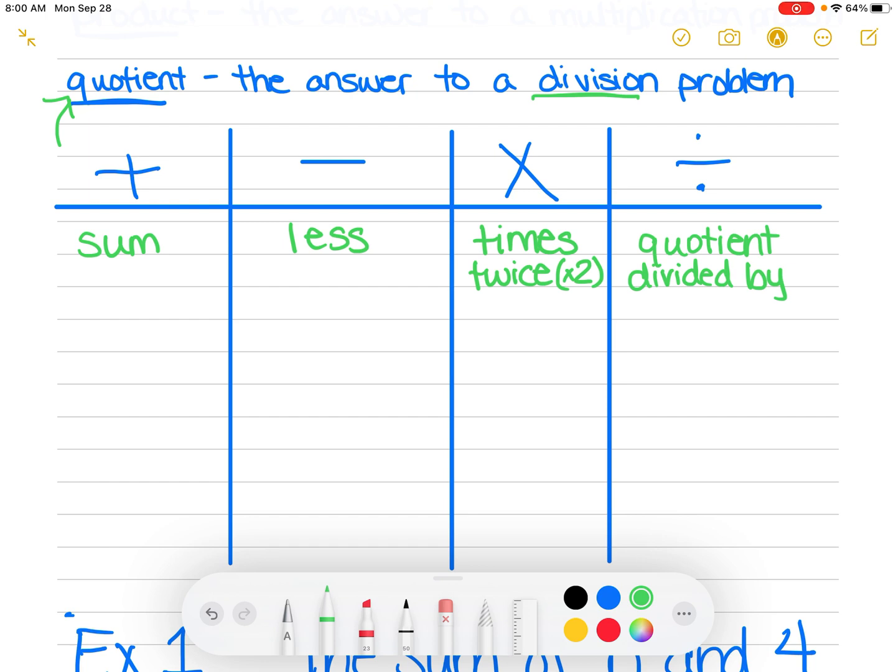More, if I say I need 5 more, then I would be adding. Then we have diminished. That would be underneath subtraction. If something was diminished by a certain amount, you're going to subtract. Half of something is divided by. So half would mean I'm going to divide by 2, right?